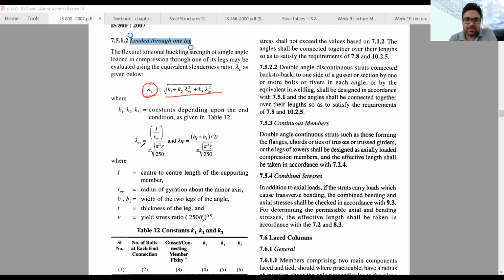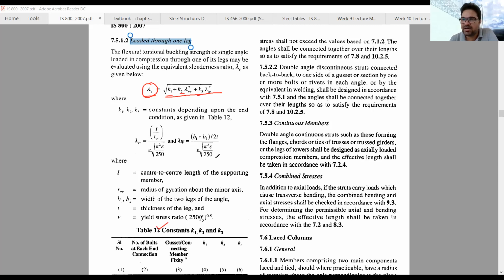In this case K1, K2 and K3 are constants, and a table is given for them. They depend on the end condition, whether the angle section is fixed or hinged at the ends, and how many bolts are used to connect the section.